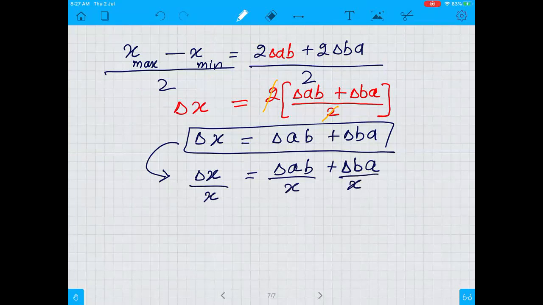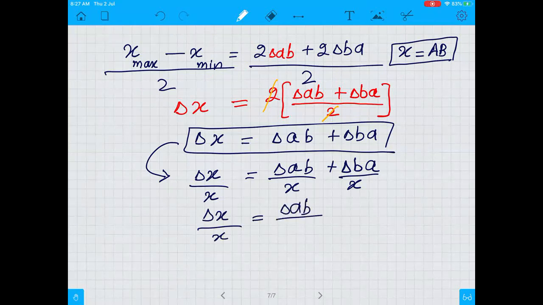And you already know that x is the product of a and b, so the fractional uncertainty in x is equal to delta a into b over ab plus delta b into a over ab.